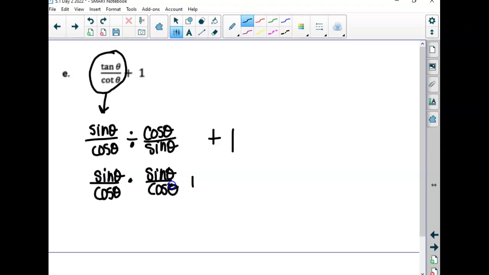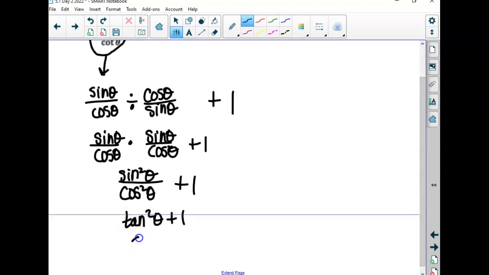So we end up with a sine squared over a cosine squared plus a 1. What's a sine over cosine? So that would be a tangent squared theta plus 1. Is that a trade for something? Tangent squared plus 1 is a secant squared of theta.